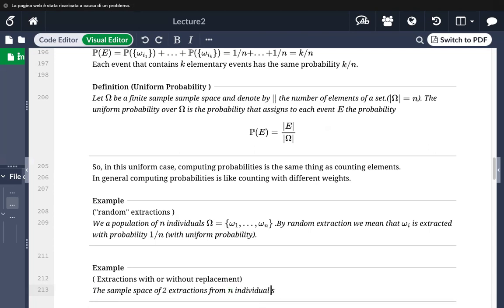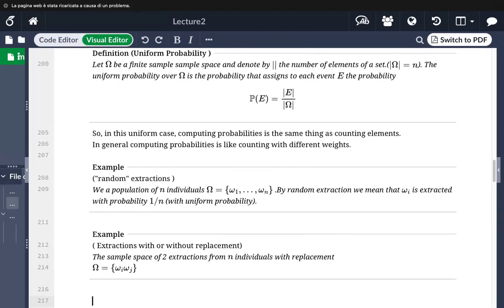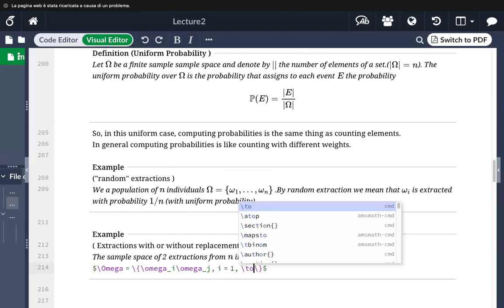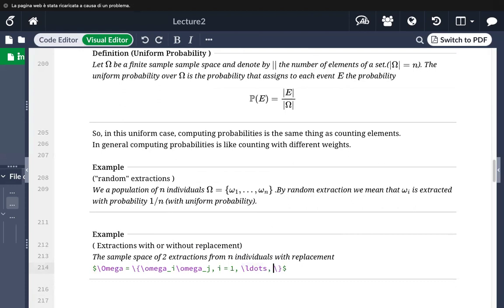Well, it is the set of pairs omega i, omega j, where i and j vary from 1 to n, because there are n individuals.